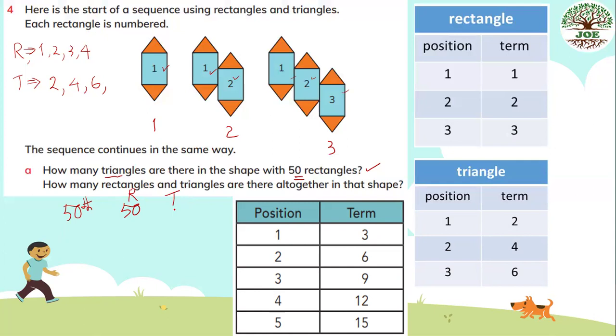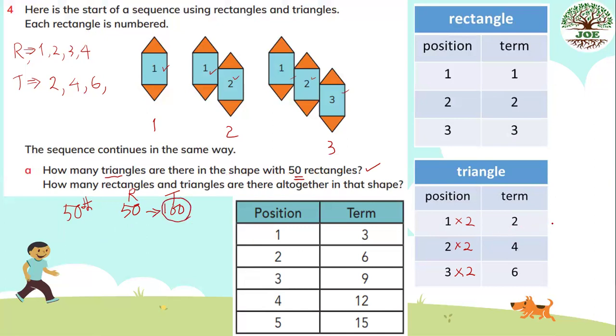Let's check the position to term rule for triangles. 1 becomes 2, times 2. So for triangles, we multiply 50 by 2, which is 100. So for part A, for 50 rectangles, there will be 100 triangles.